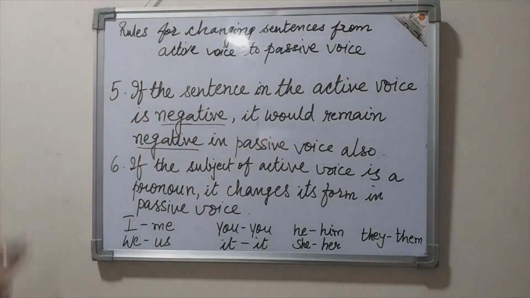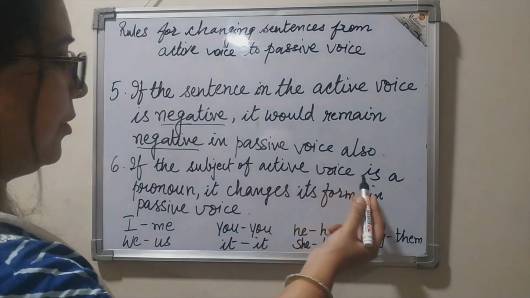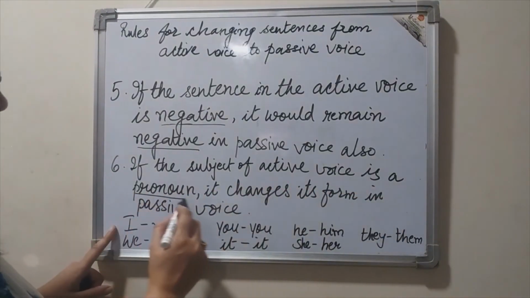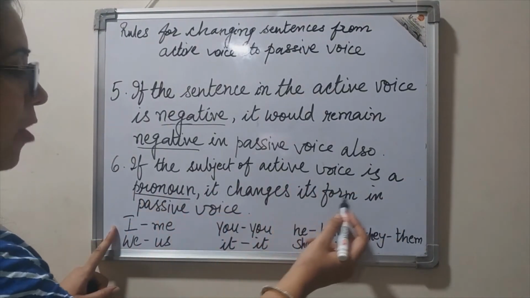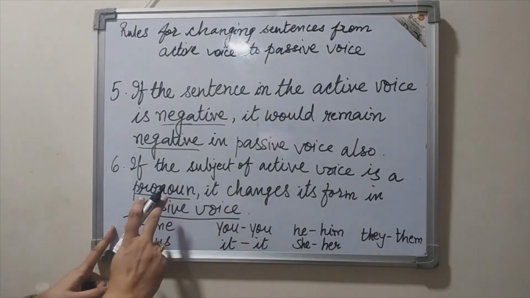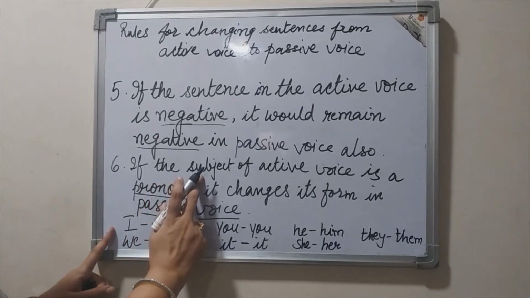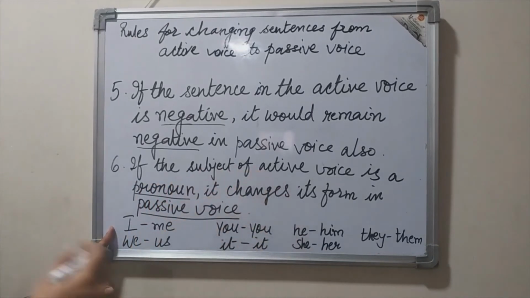And rule number 6 says, if the subject of active voice is a pronoun, it changes its form in passive voice. So, if a pronoun is there at the subject's place in active voice, when it changes into passive voice, it changes its form, right?